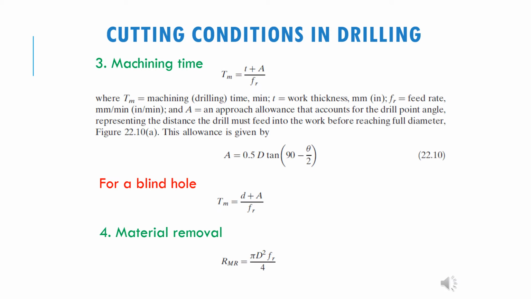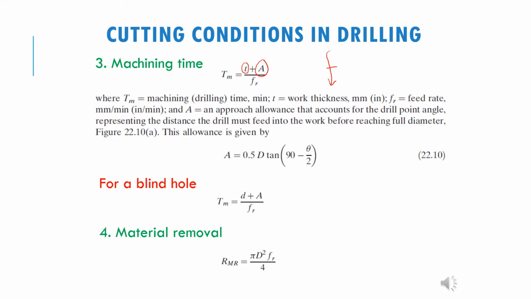For machining time, it's a little bit different. If it is a through hole, usually for turning it is L, right? But since this one depends on how long the tool bit goes down, it involves the thickness of the workpiece and also the allowance. So you add these and divide by fr.